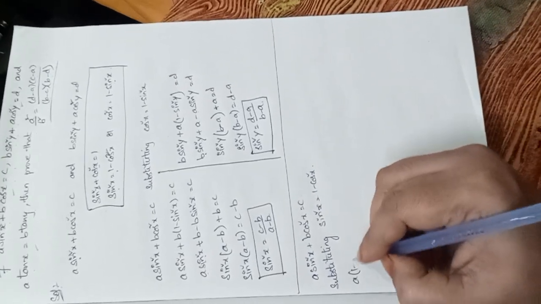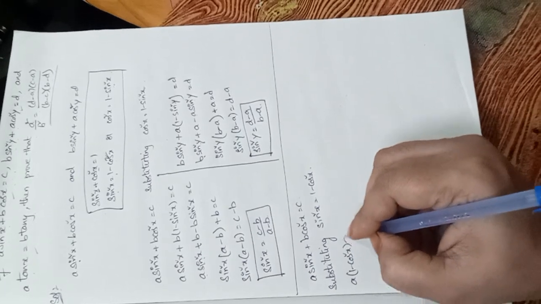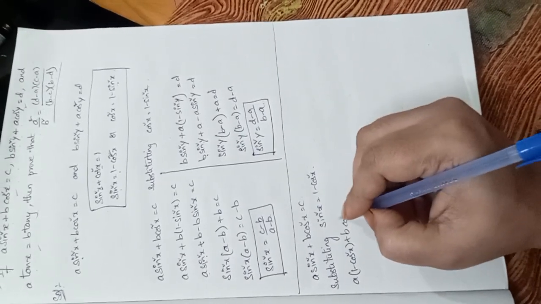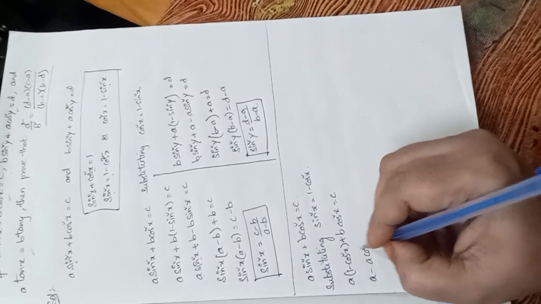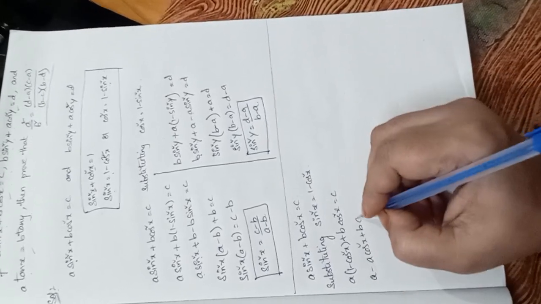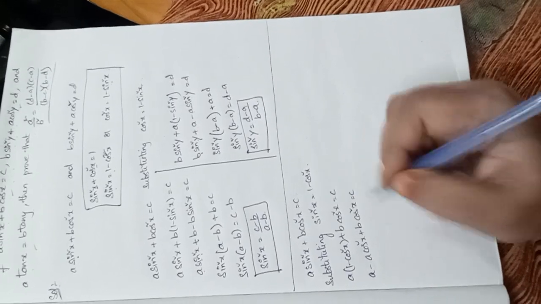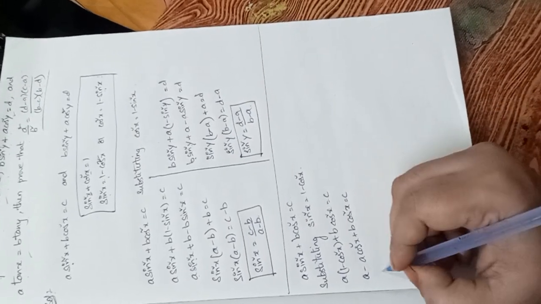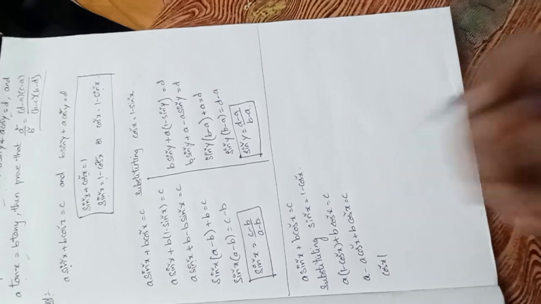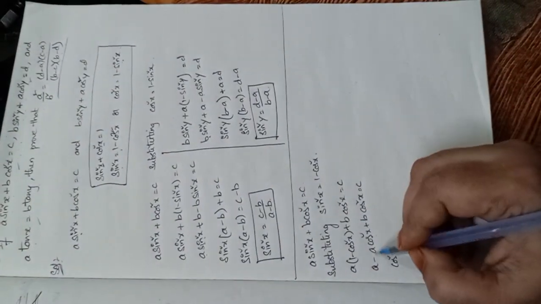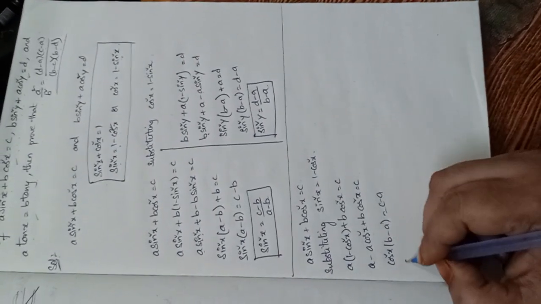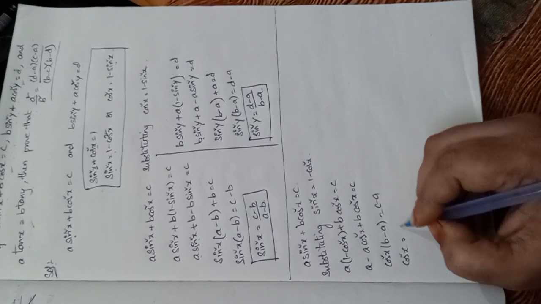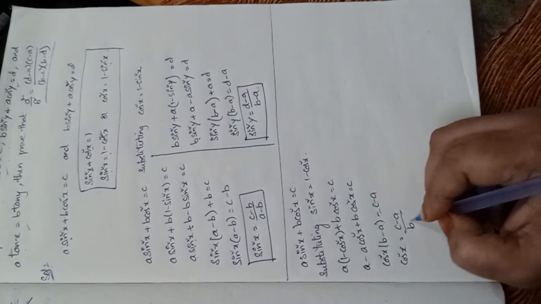So a(1 − cos²x) + b cos²x = c. That gives a − a cos²x + b cos²x = c. In both you have cos²x common, so what is left is (b − a). So cos²x(b − a) = c − a, and cos²x = (c − a)/(b − a).